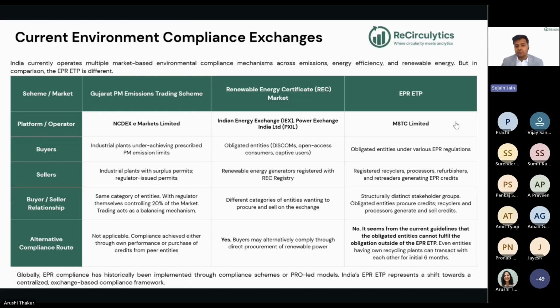Let's say in year one, the buyers were sourcing their whole energy requirement through a coal powered power plant, and that year they purchased, let's say, 10 quantity of credits. In the second year, they can alternatively change their sourcing to a solar power plant and accordingly reduce the buying of REC certificates. But the EPR ETP, in that sense, is a little different.